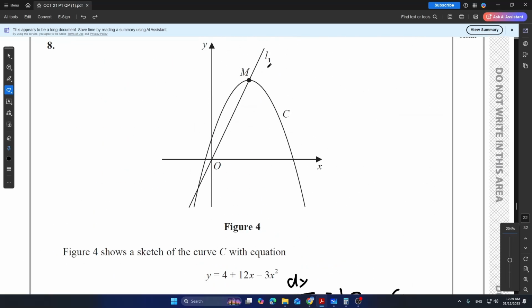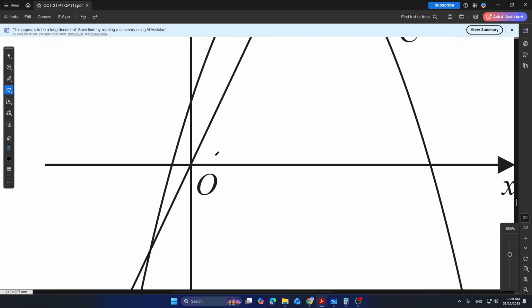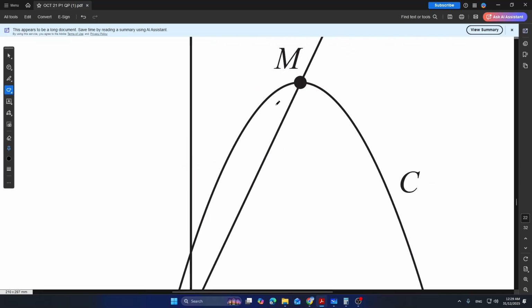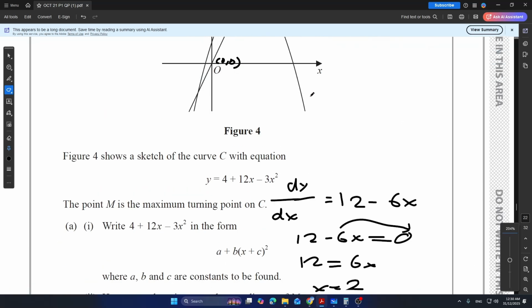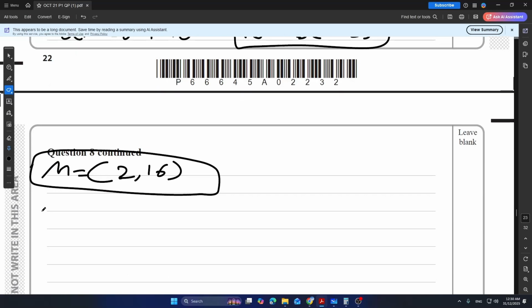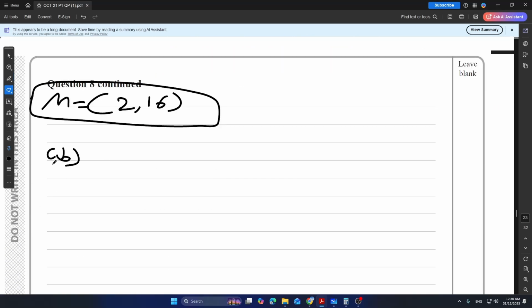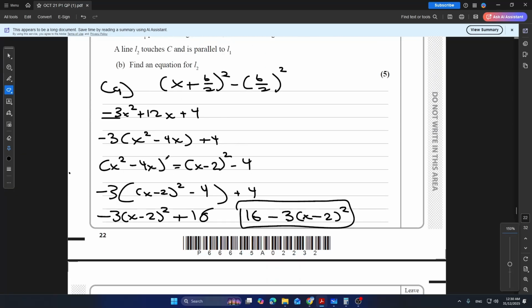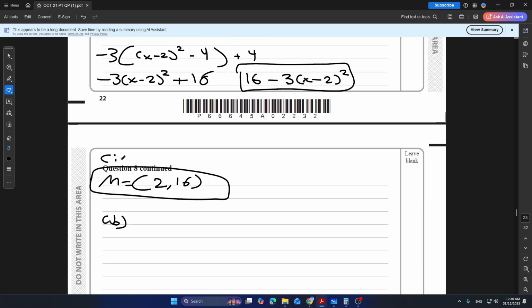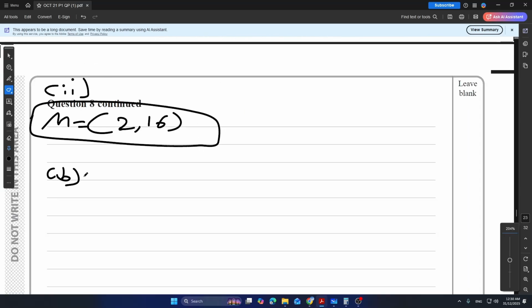L1, which is the line you see on the screen, passes through 0, 0, which is the origin, and it passes through M, which is 2, 16. We know the line is a y equals mx plus c line. So we're going to find the gradient.